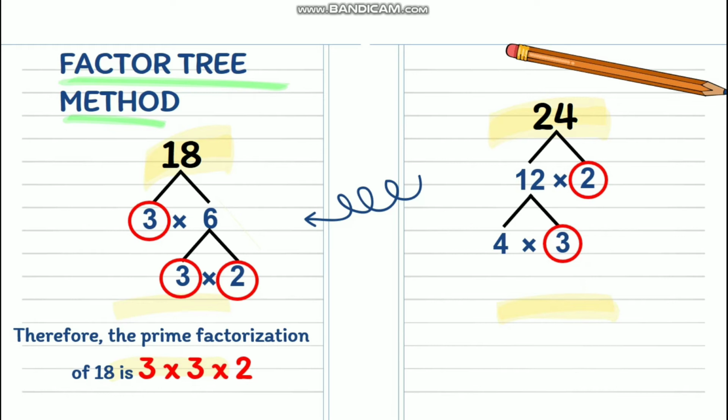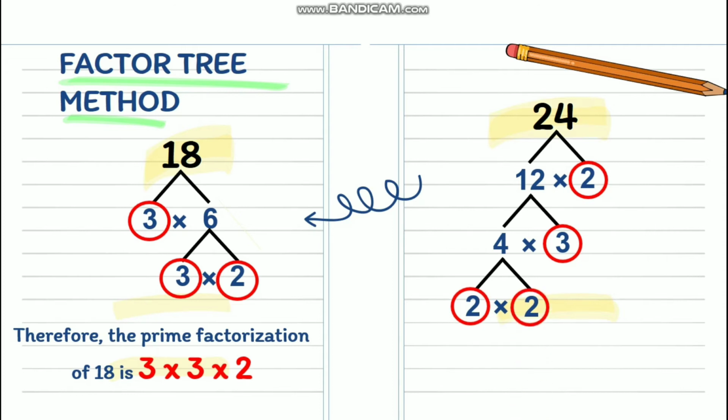So we have 4. Think of a number that when you multiply, the answer is 4. Very good. We only have 2 and 2. In this method, children, you cannot use 1 and the number itself, because the process will not stop if you keep on using 1 and the number itself. So we have 2 times 2 is 4. Since 2 is a prime number, we can encircle both.